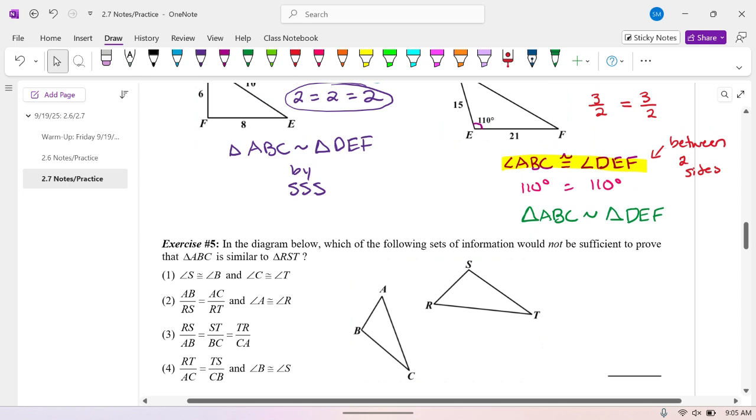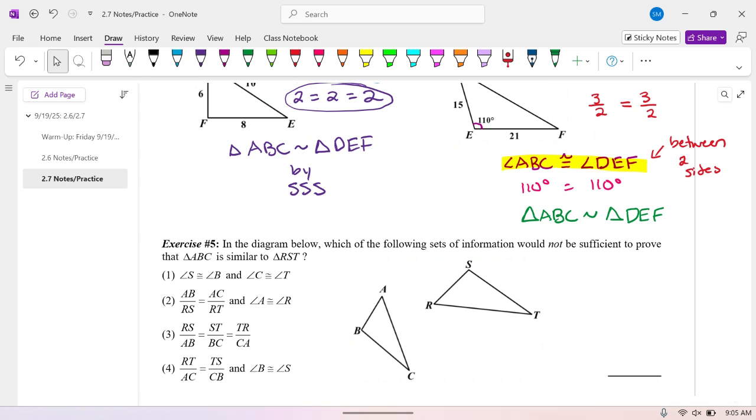All right. So last thing, and then we're done. For exercise 5, which of the following sets of information would not be sufficient to prove that triangle ABC is similar to triangle RST? So let's just go through each one. So angle S is congruent to angle B. So they're saying these two angles are congruent.